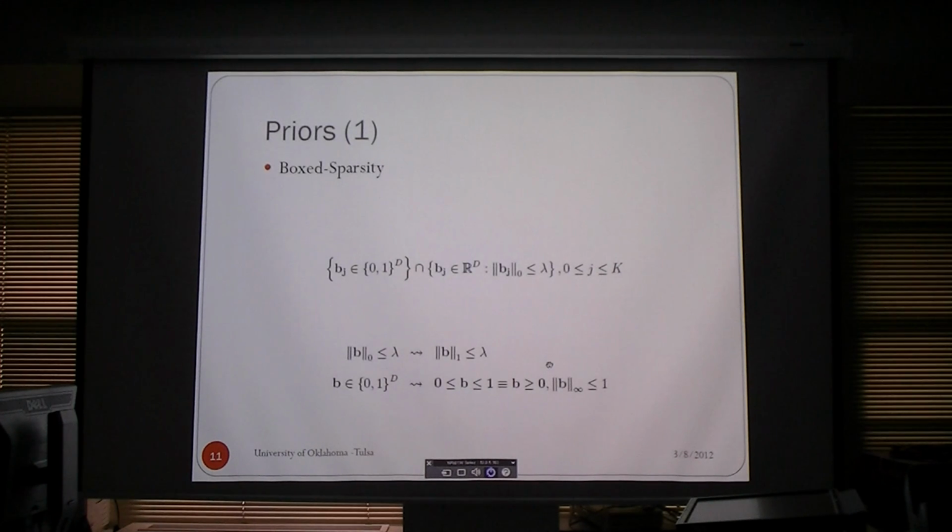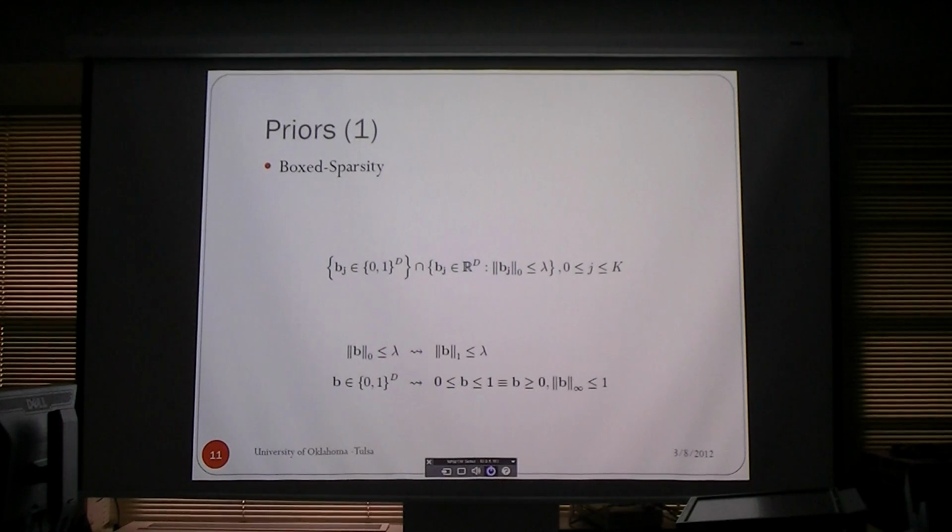The first one we call box sparsity, which means we want our basis functions to be locally dense, to keep the information of each local part of the big data.